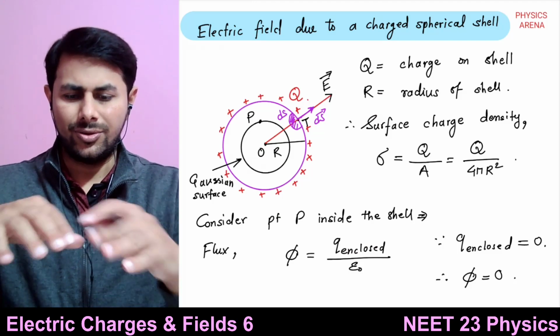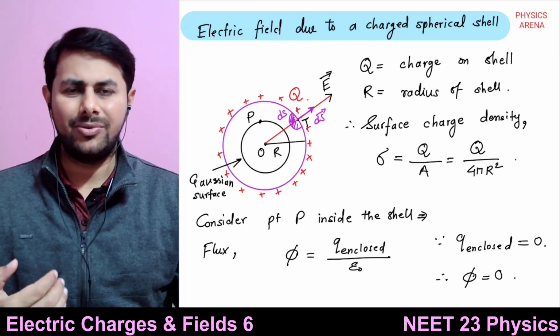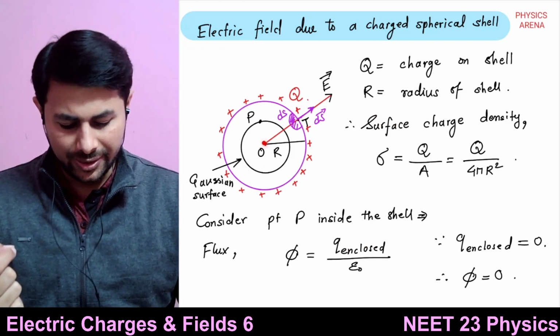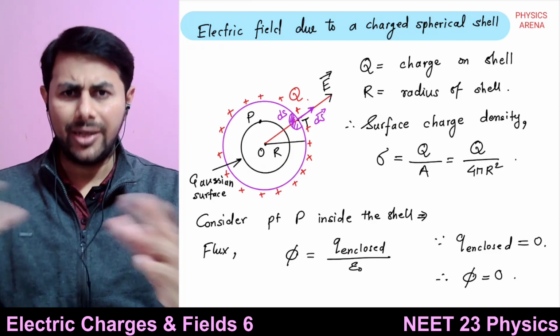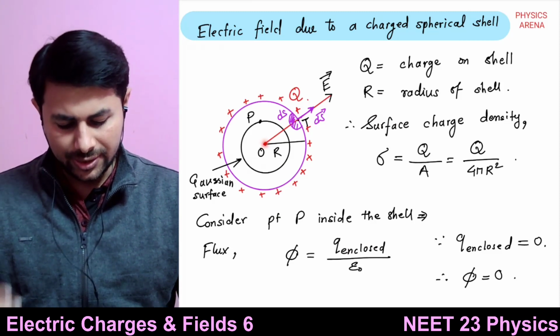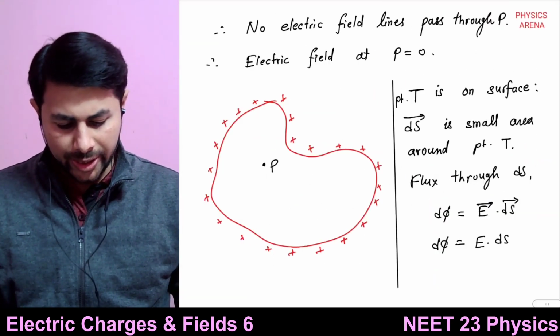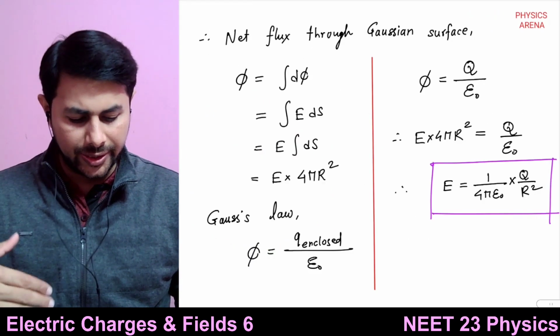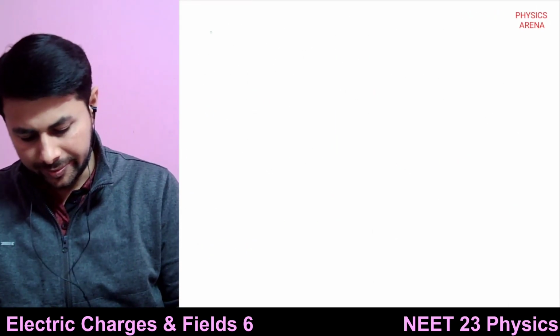The shell acts as if there is a charge of equal magnitude kept at the center of the shell. So we considered a point inside the shell, and a point on the shell. Next is a point outside the shell.